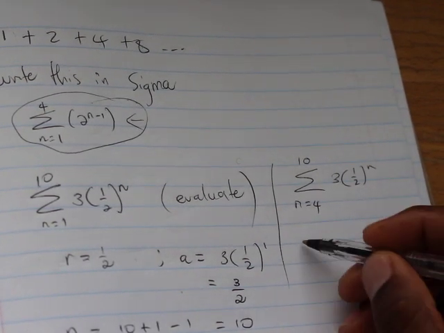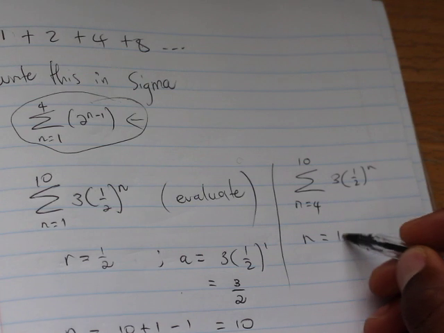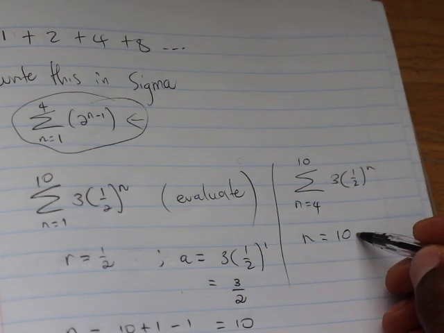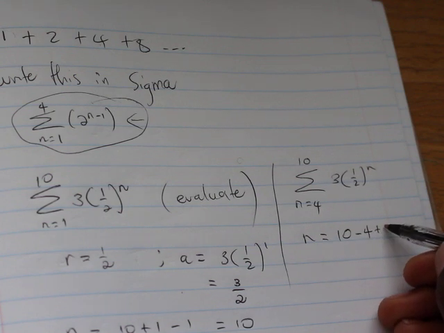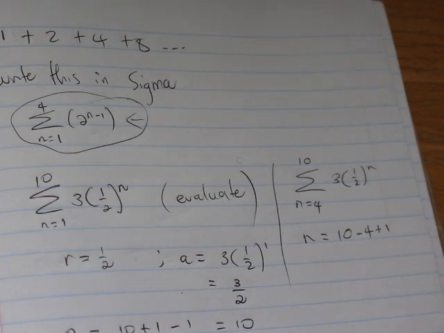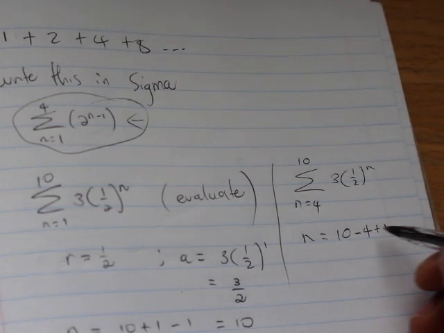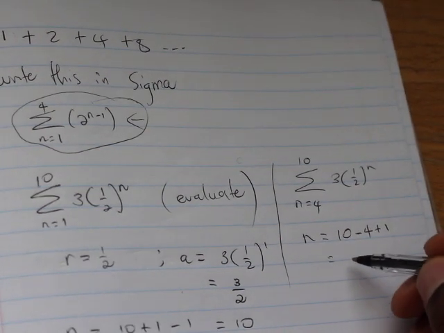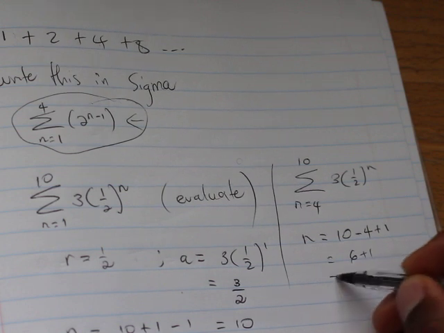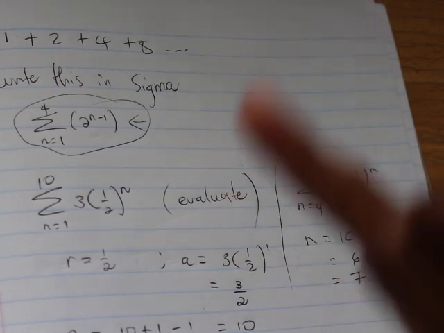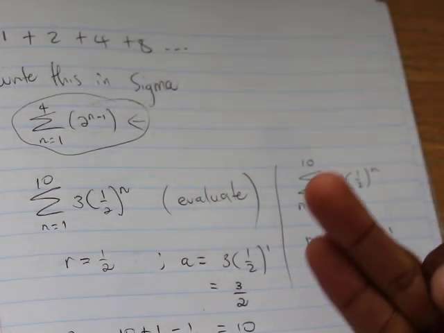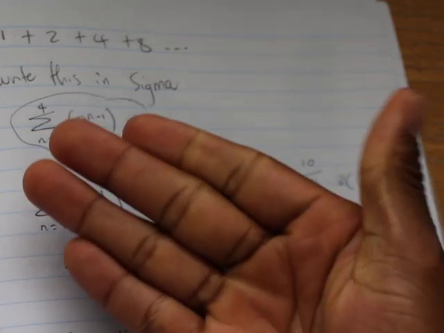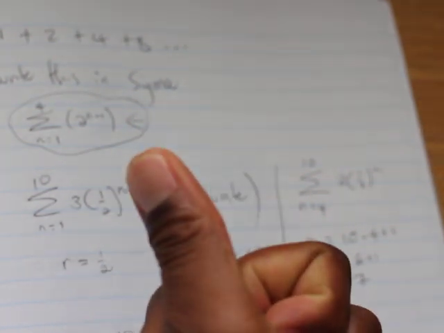So n then becomes 10 minus 4 plus 1, which is 6 plus 1, that is 7. So from 4, 5, 6, 7, 8, 9, and then 10.